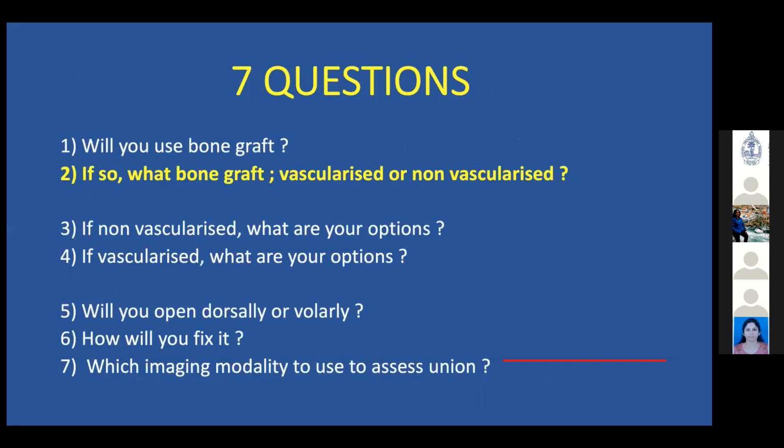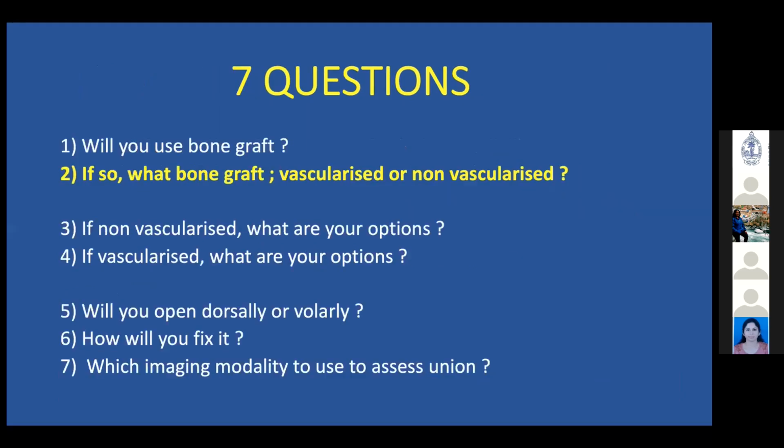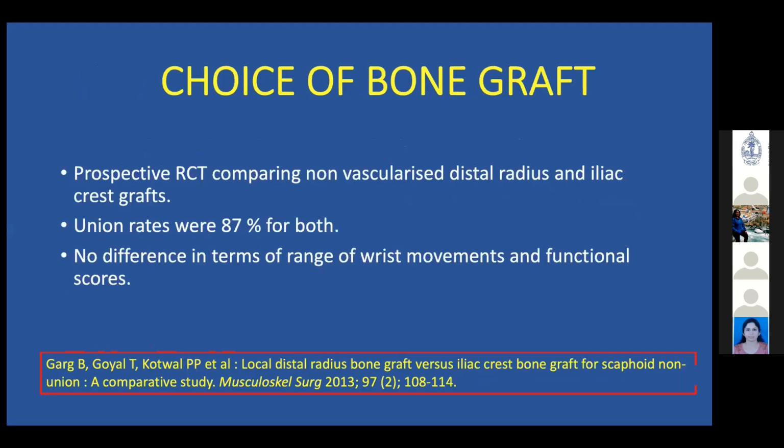The next question is, if you are using a bone graft, will you use a vascularized or a non-vascularized bone graft? We have studies regarding non-vascularized bone grafting, whether you use a distal radius graft or an iliac graft. This is a study that came out from AIIMS Delhi.